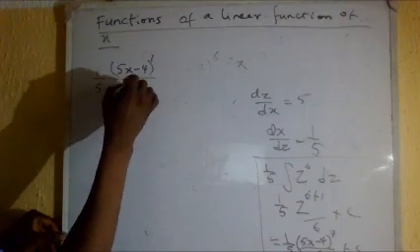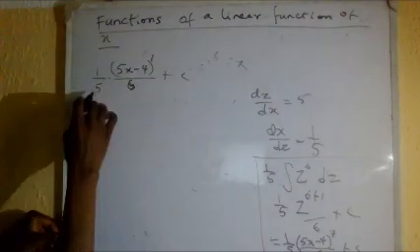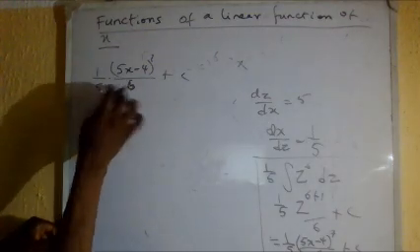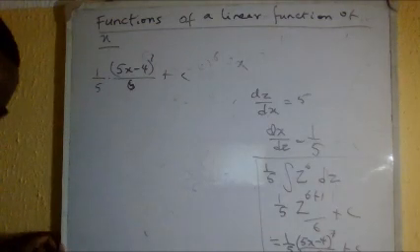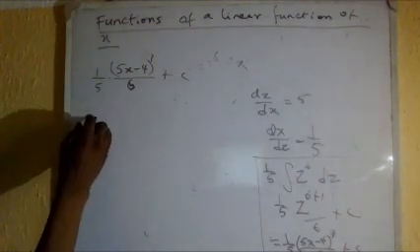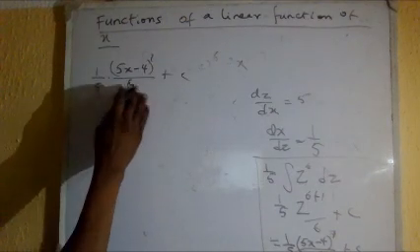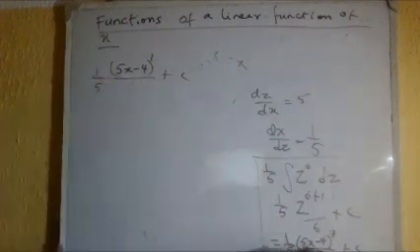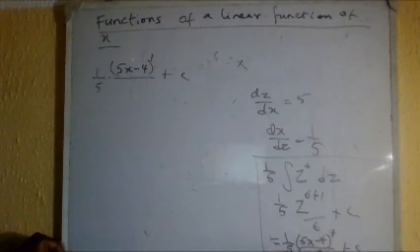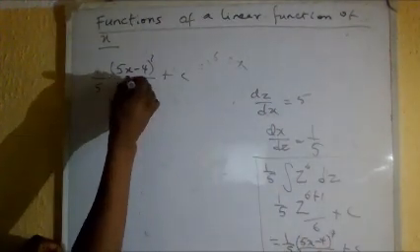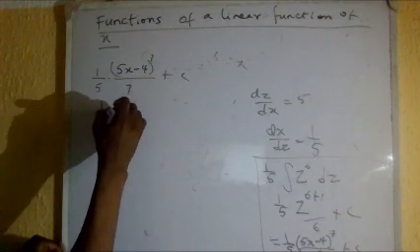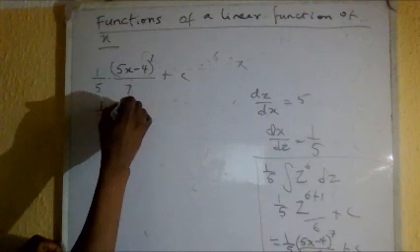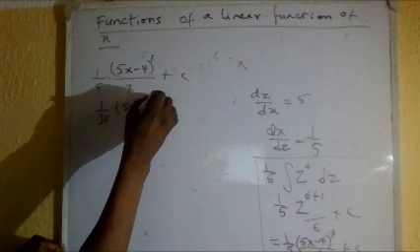So I can multiply this and this is 30. Then 5 times 7 is 35. That's 1 over 35, open bracket 5x minus 4 raised to power 7 plus c.